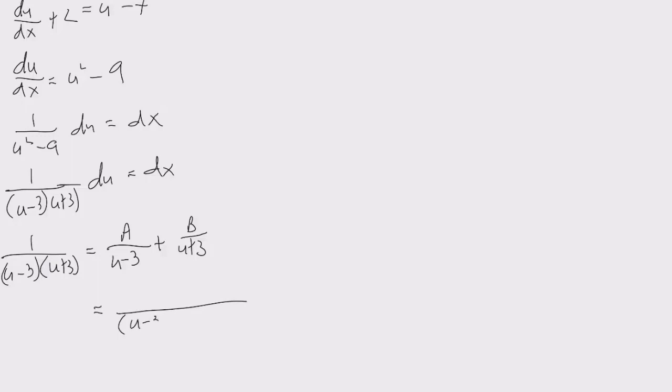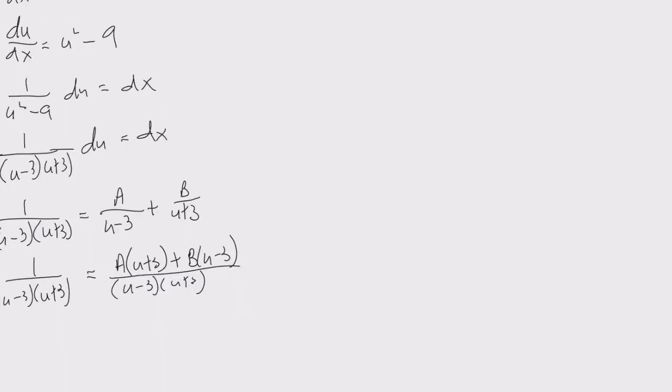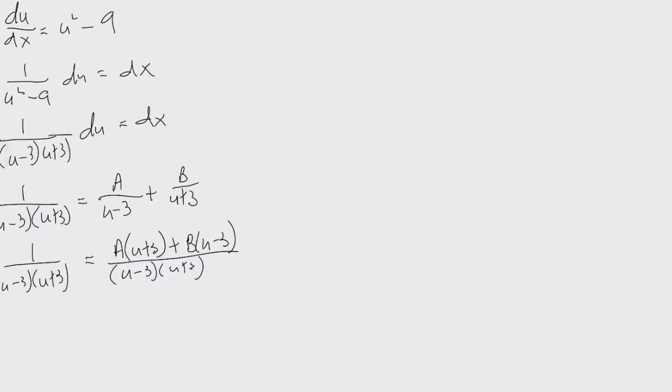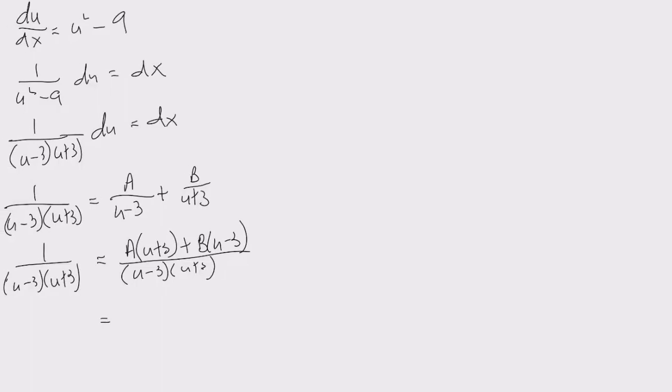So u minus 3, u plus 3, that would be A times (u plus 3) plus B times (u minus 3), and that would equal the original fraction. Okay, so up top, I'm just going to focus on just the numerators for right now because I've got two fractions with equivalent denominators.